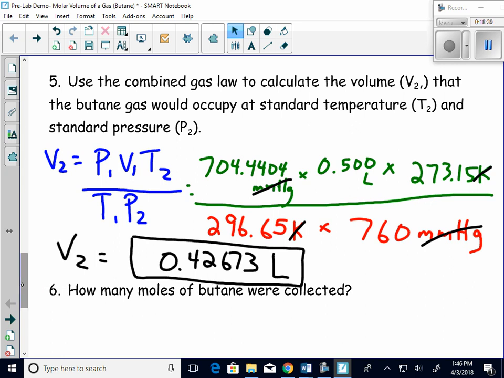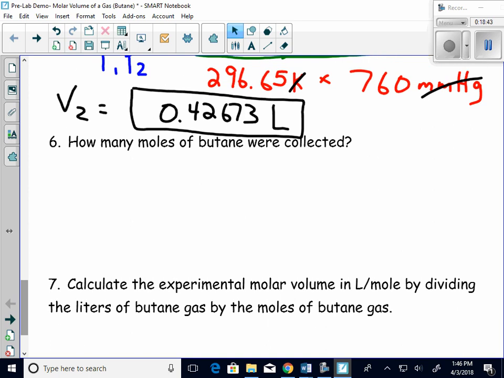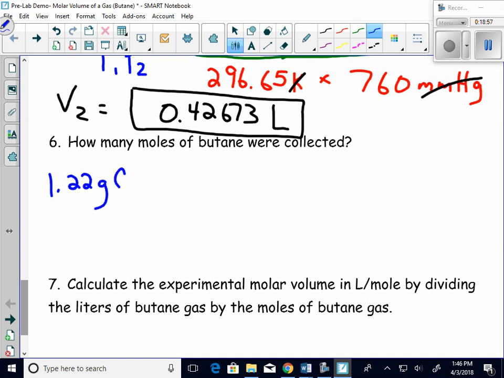Now, as I scroll down, I'm not done yet. How many moles of butane were collected? Well, if you remember right, I told you that I took mass before and mass after of the lighter. So I'm going to flux capacitor this to get it into moles. Because I can calculate the molar mass of butane using my periodic table.